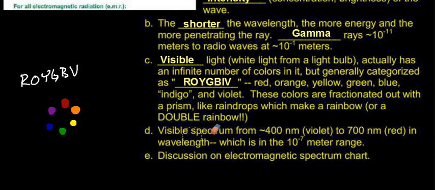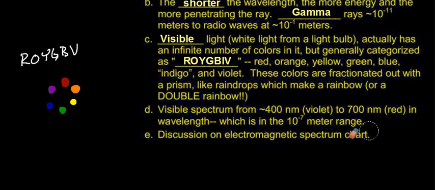Okay, now our visible spectrum is from 400 nanometers to 700 nanometers in wavelength, which is in the 10 to the negative 7th meter range, and it's a very narrow range of wavelengths.